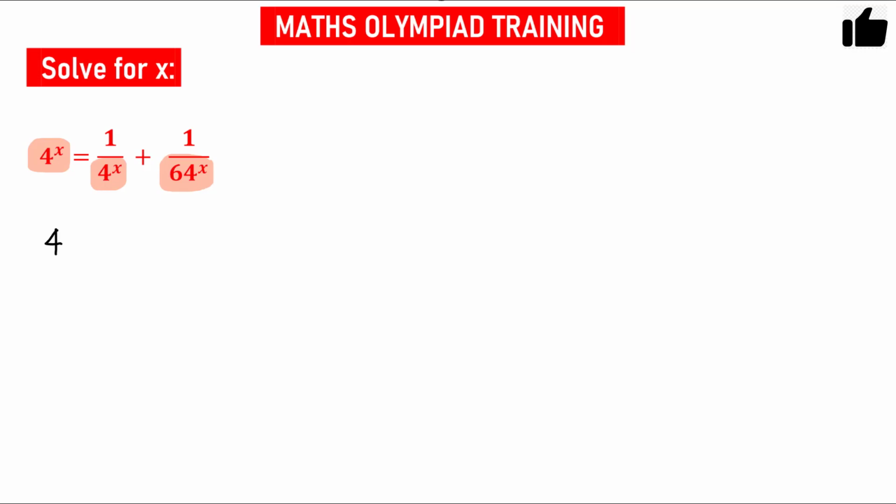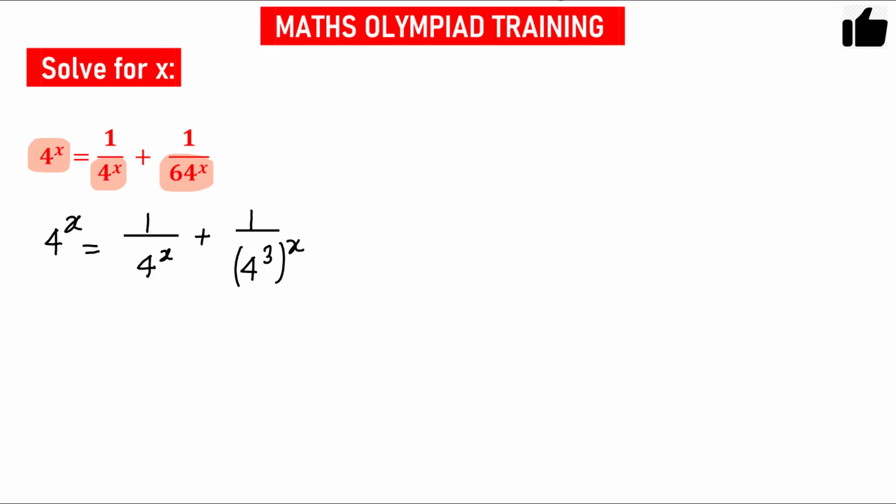We will have 4 raised to the power x is equal to 1 by 4 raised to the power x, and 64 I can write as 4 into 4 into 4, that is 4 cube, and this raised to the power x.